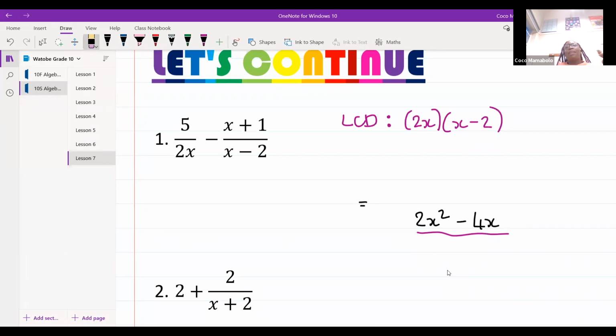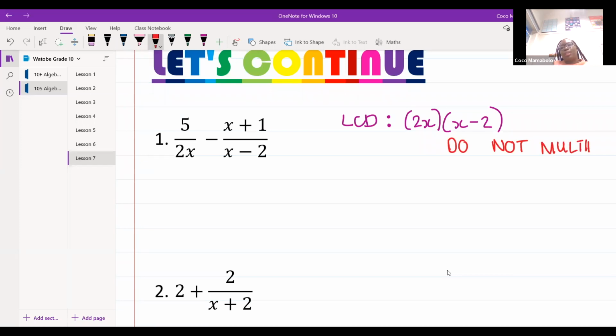So guys, if you multiply out your denominator, it's going to get complicated. For those of you who are confused, let's just keep to this rule: do not multiply out the denominator.